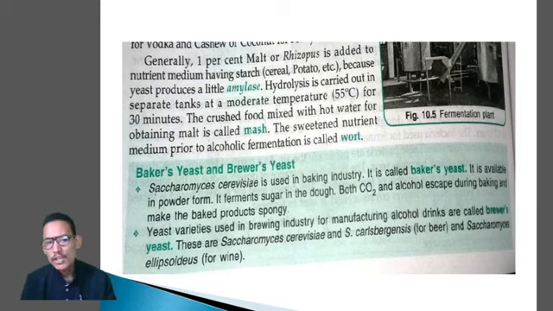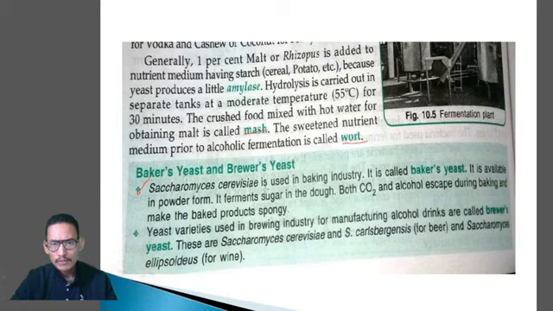The sweetened nutrient medium prior to alcoholic fermentation is called the wort, W-O-R-T. It's just a simple process for the production of alcoholic beverages. Here you just have to remember the term mash and the term wort, W-O-R-T. Other things no need to remember. But this is very important.